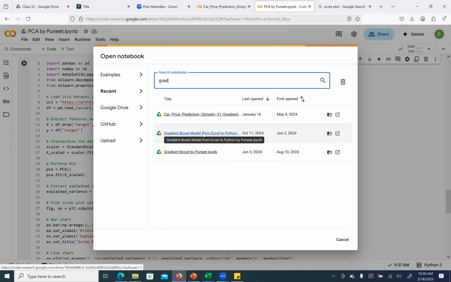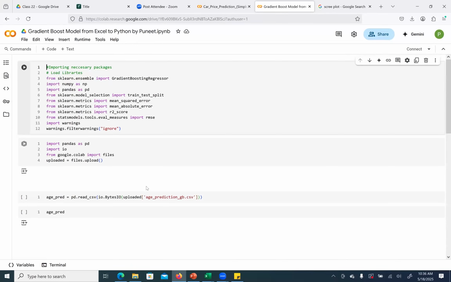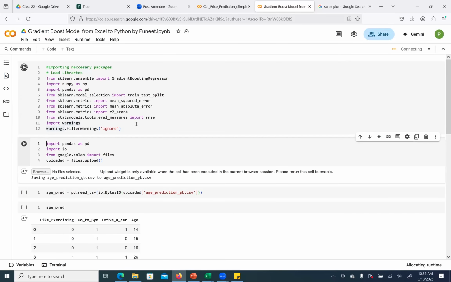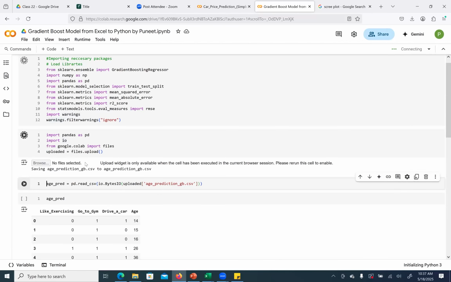Again, basic steps. First, reading all the libraries, then I will upload the notebook.